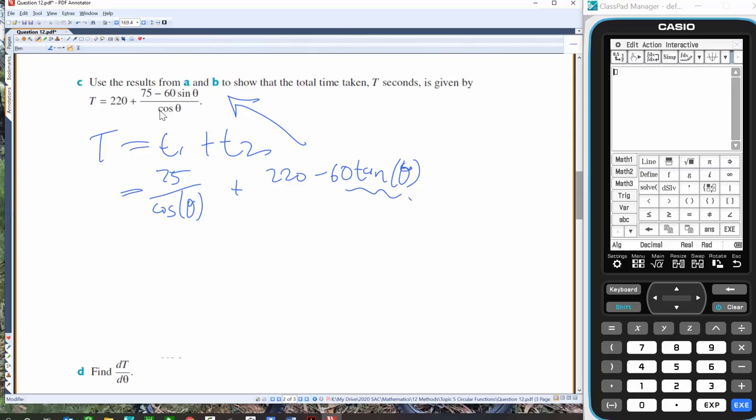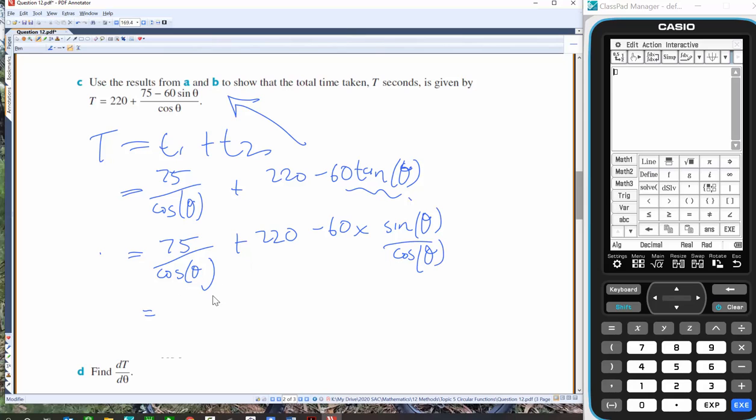Now notice that there's a lack of tan theta in this answer here, and that's because they're going to use the identity sine on cos. So 75 over cosine theta plus 220, take away 60 multiplied by sine theta over cosine theta.